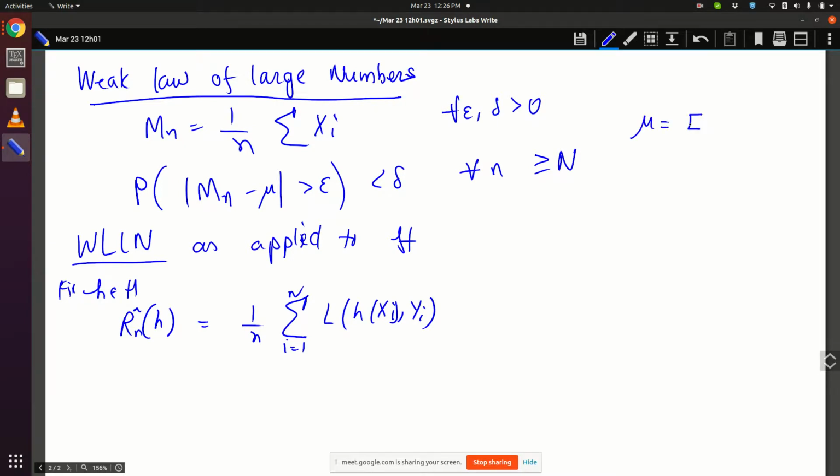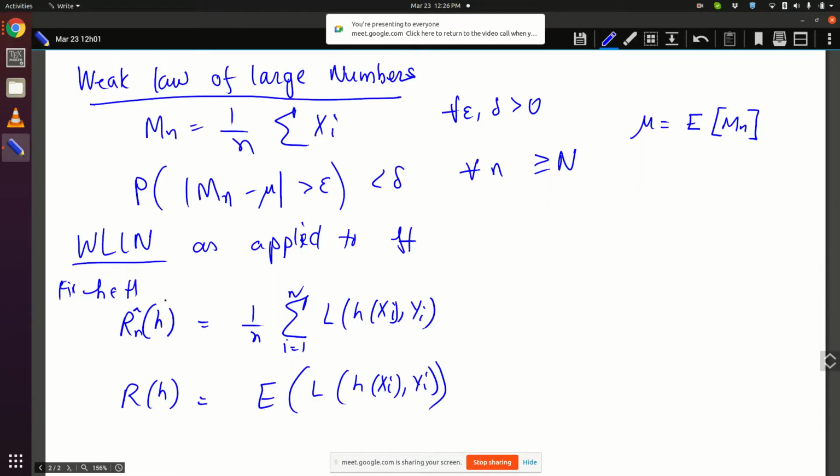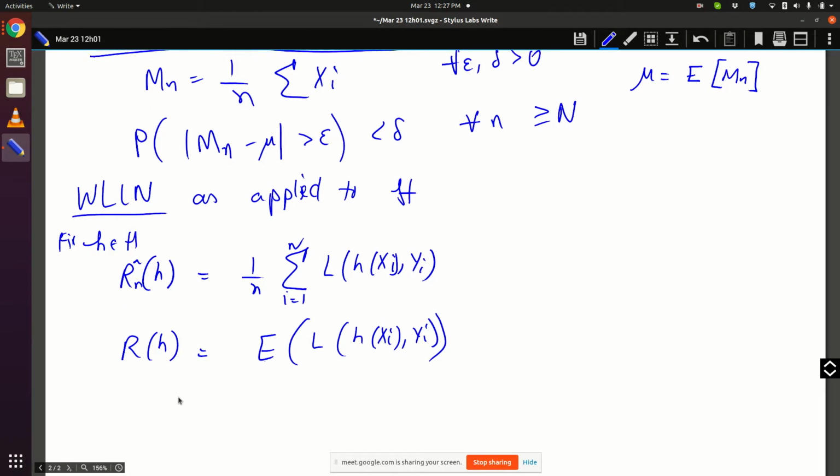Mu is the expected value of Mn, for example. So what is R of h? R of h is the expected value of L of h of xi comma yi. So as applied to this hypothesis bag, can someone tell me what the weak law is in this setup? Sahil, can you tell me?